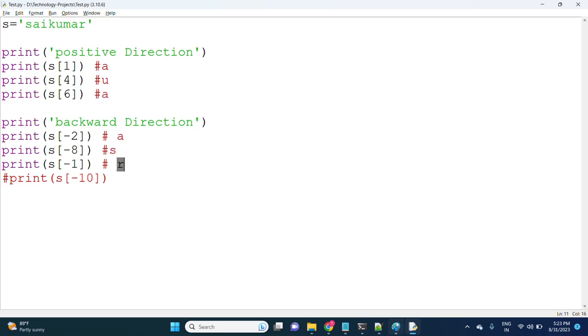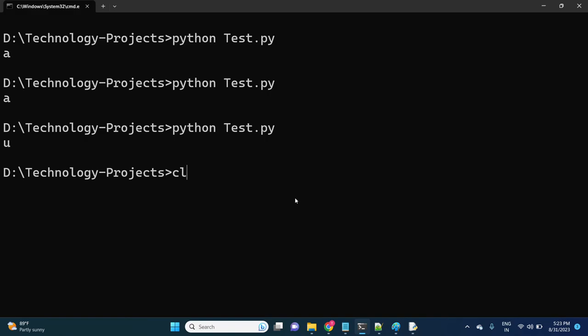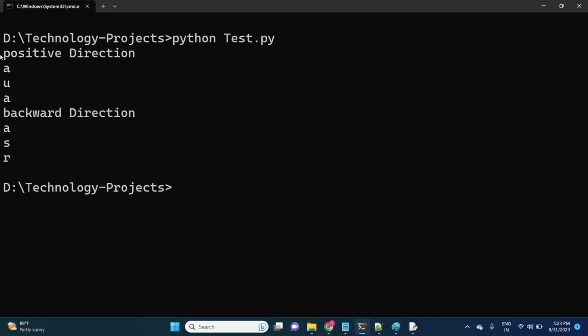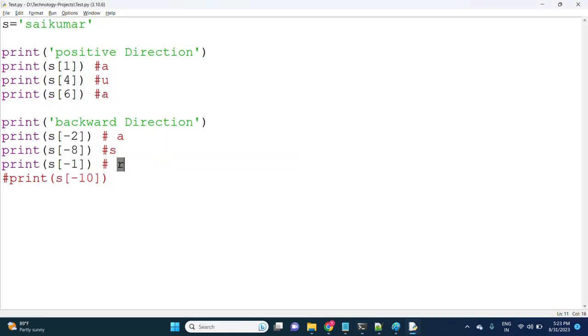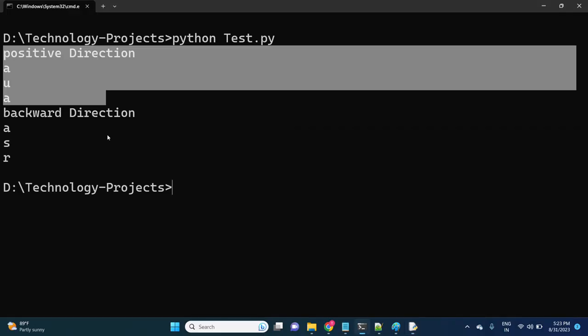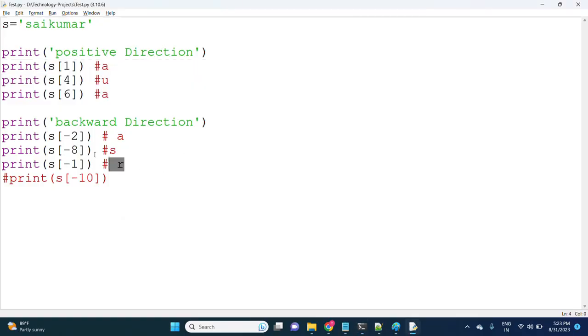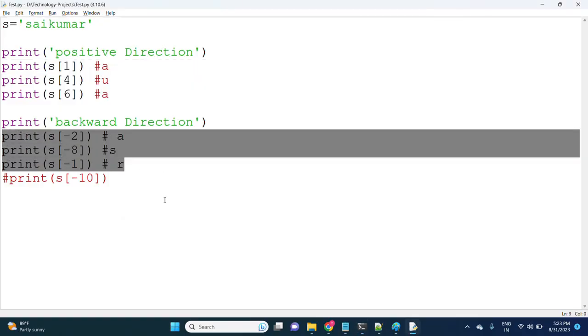We have to get this output exactly without any changes. Now observe, positive direction A U A, backward direction means A S R. Here I want to give clarity.